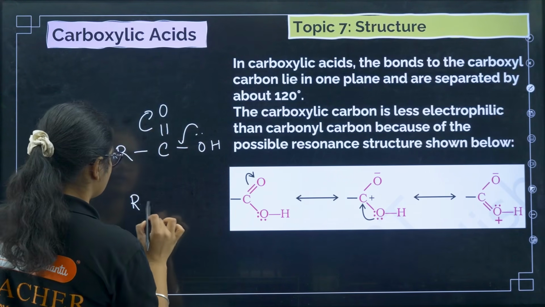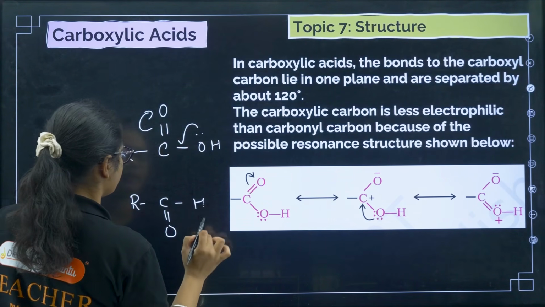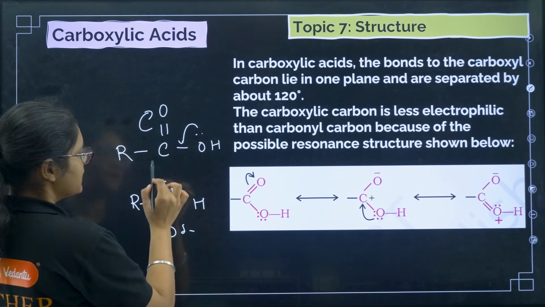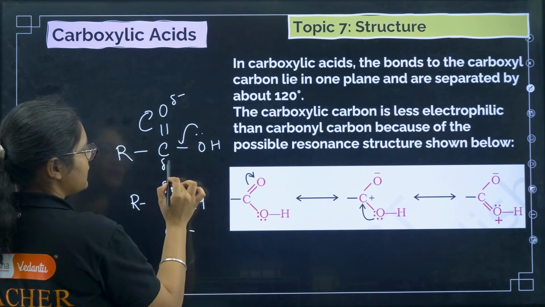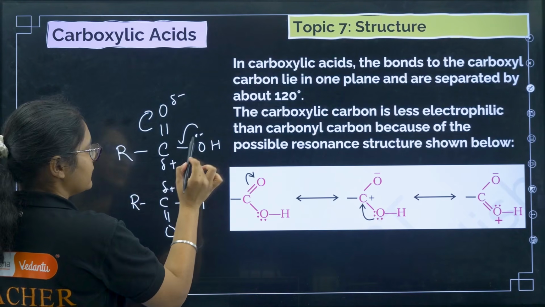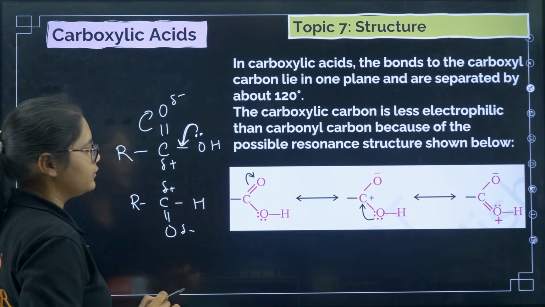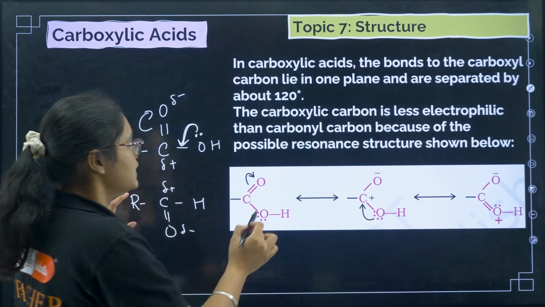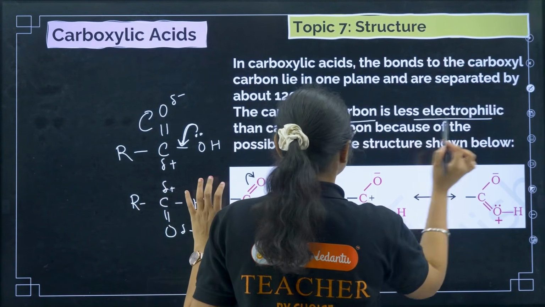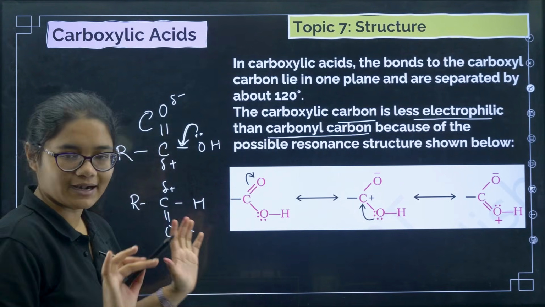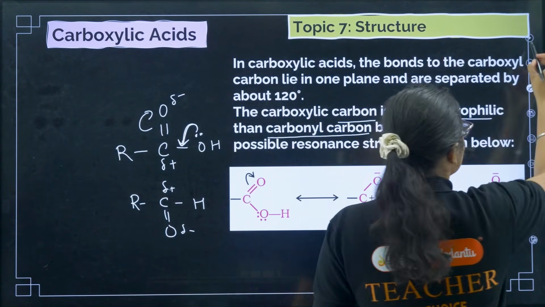If I have an aldehyde or a ketone group, this is delta plus and this is delta minus. Here you can also think delta minus and delta plus, but this carbon's electrophilicity is reduced due to the lone pair of electrons here. It donates the electron, right? So that is why the carboxylic carbon is less electrophilic than the carbonyl carbon because of the resonance. Very important thing.